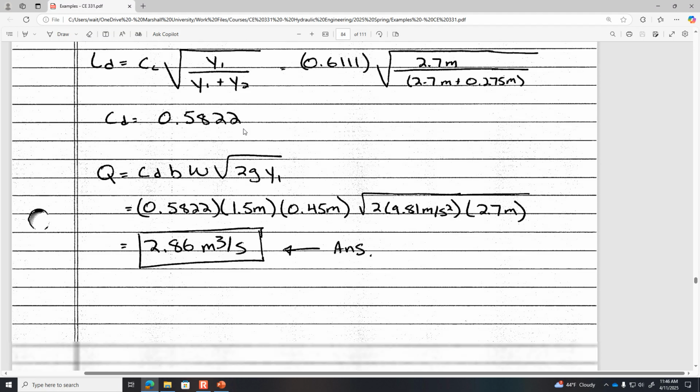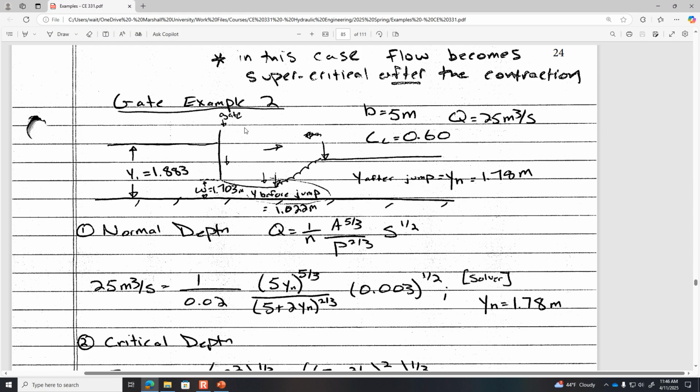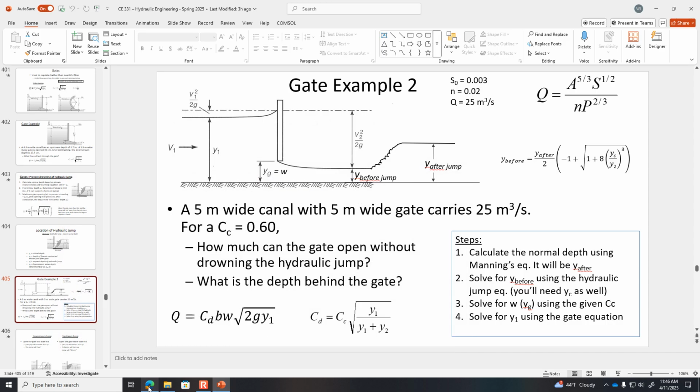So here in this gate example, number 2, we start off calculating what would be the normal depth just based on Manning's equation. So 1.76 meters. So that normal depth, we're going to say that would be the Y2 after the hydraulic jump.